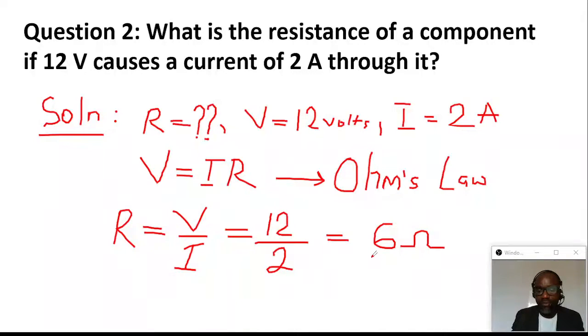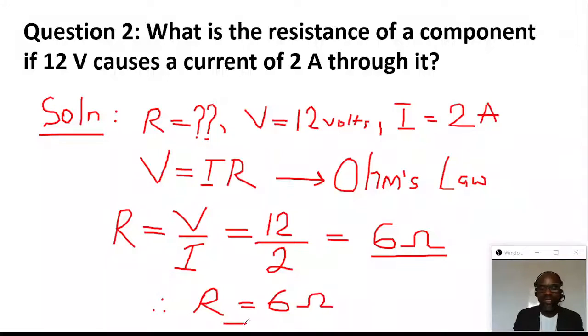Very simple. That's all. Therefore, our summary is that the value of resistance R is equal to 6 ohms. We have to be careful to draw the symbol very well.